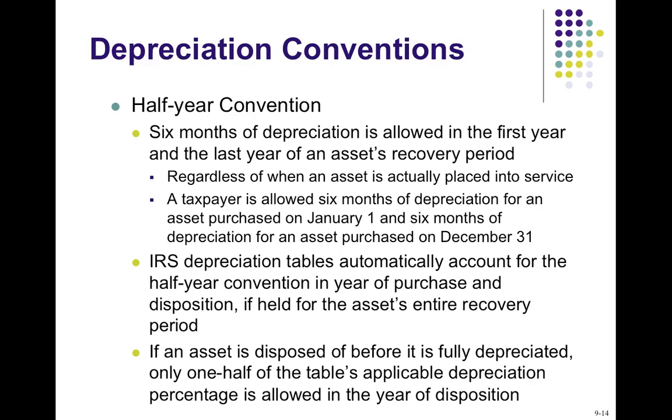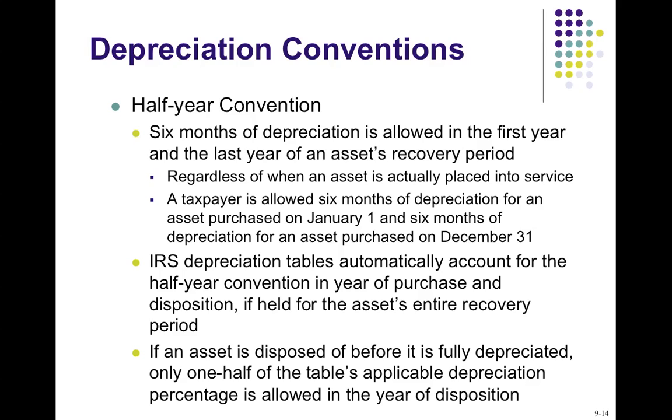Now, the one thing we have to remember is, let's say we buy a truck, and the truck is a 5-year recovery asset, so we're going to recover the cost over 5 years. What this half-year convention means is, if we buy a truck and it has a recovery period of 5 years, we're actually going to get 6 years of depreciation to recover the cost of that truck. Why?